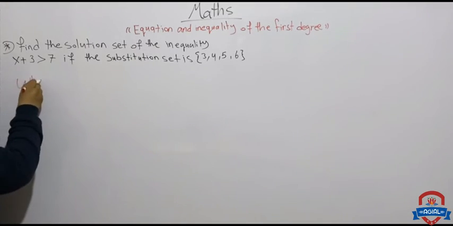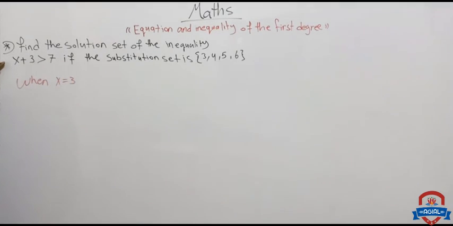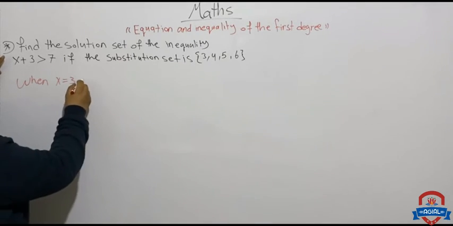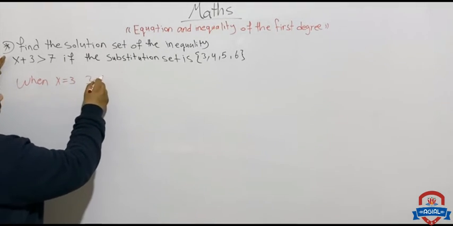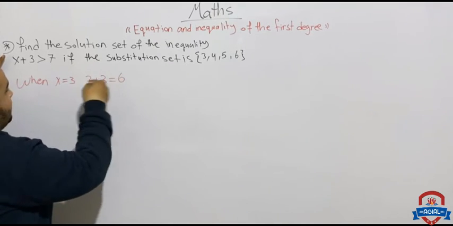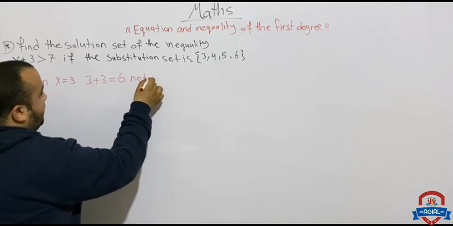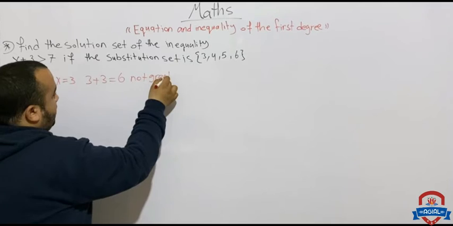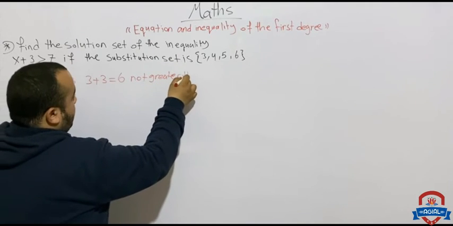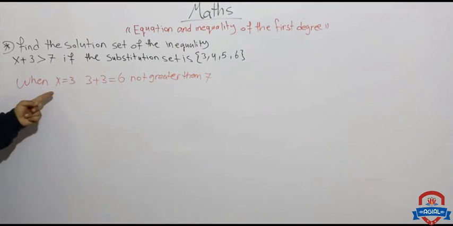When x equals 3, the left hand side equals 3 plus 3, which equals 6, and 6 is not greater than 7. So the number 3 is not a solution for this inequality.